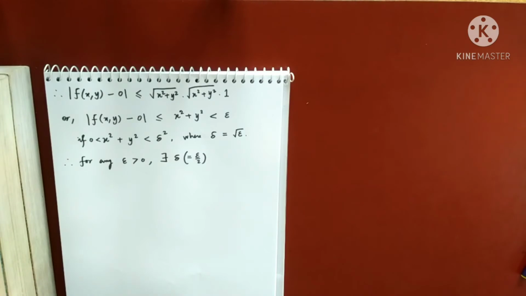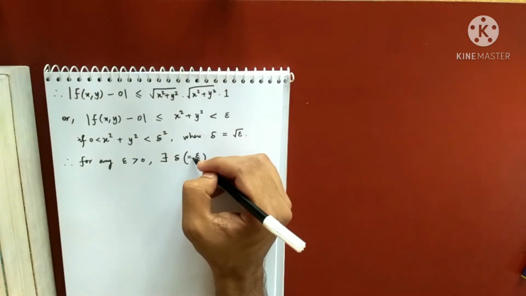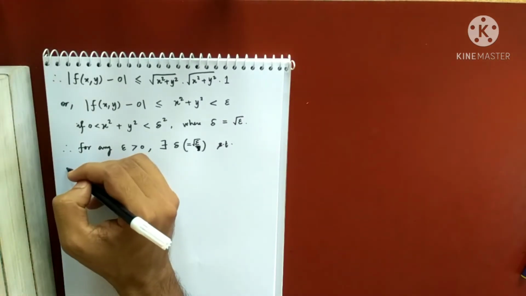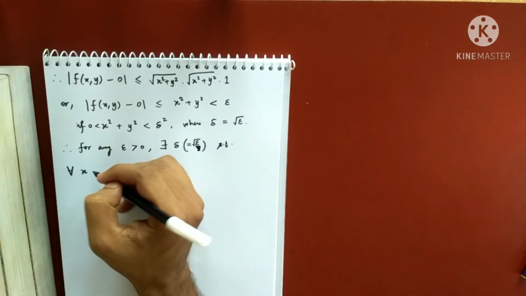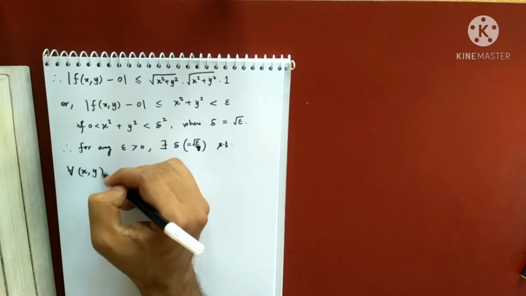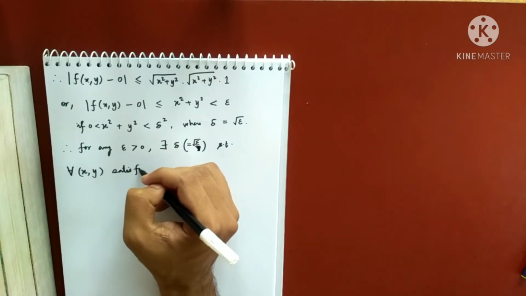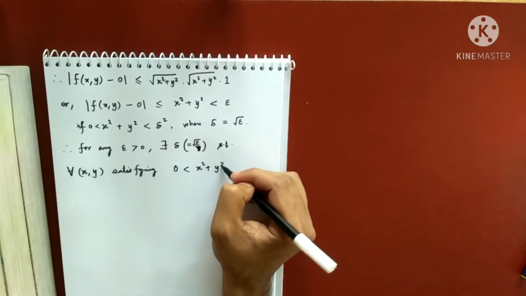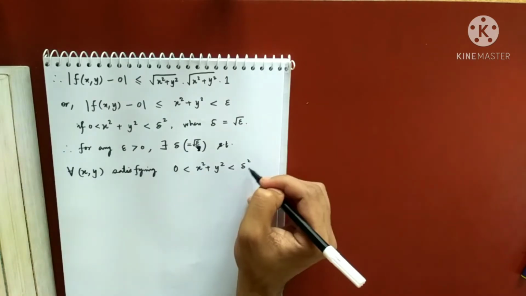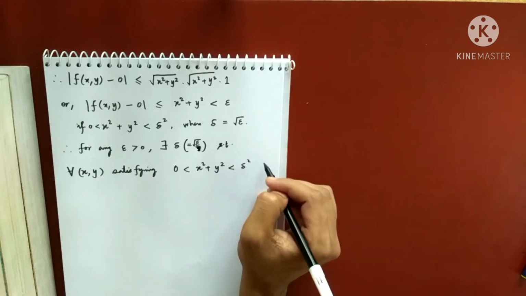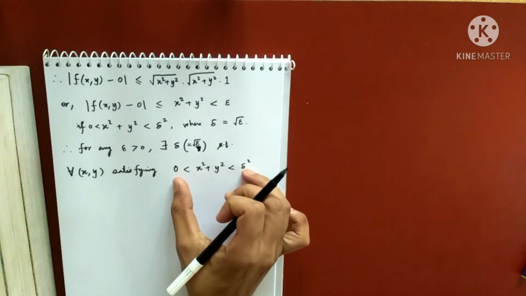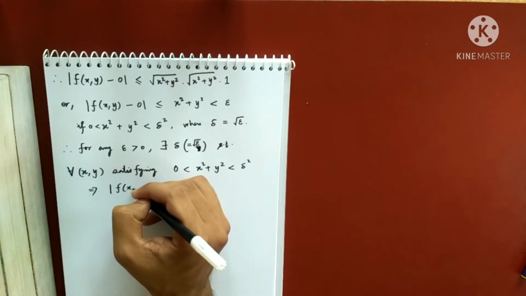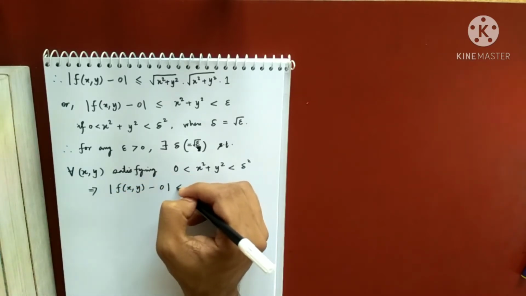So there exists a number delta, which is root epsilon, such that for all (x,y) satisfying 0 < x² + y² < delta², this whole thing is inside the domain, so I don't have to write the intersection with the domain of the function, because the domain of the function has this, implies |f(x,y) − 0| is less than epsilon.